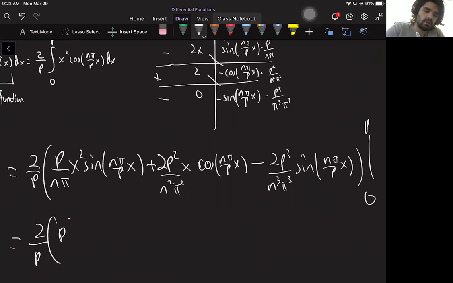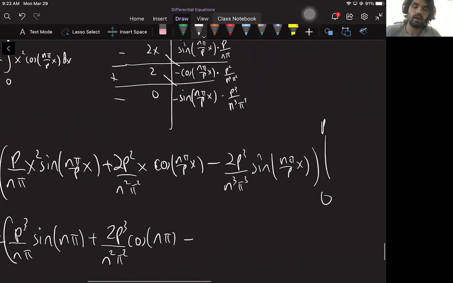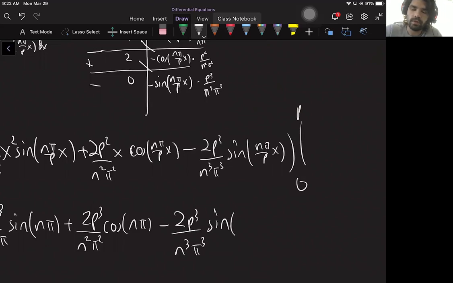So this becomes p cubed over n pi sine of n pi, plus 2p cubed over n squared pi squared cosine of n pi. We're very often going to get a bunch of stuff going to 0 and becoming -1 to the n. So that's nice. Okay, and then 2p cubed over n cubed pi cubed sine of n pi, since p over p is canceling, so you just get that.